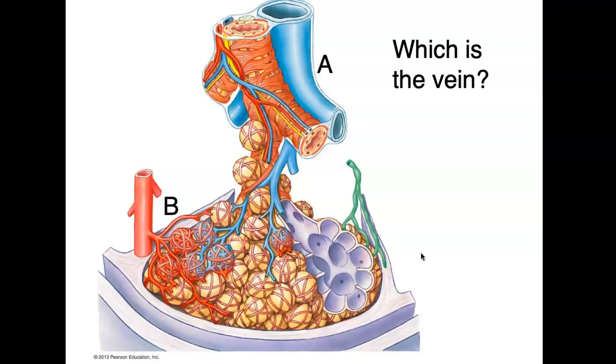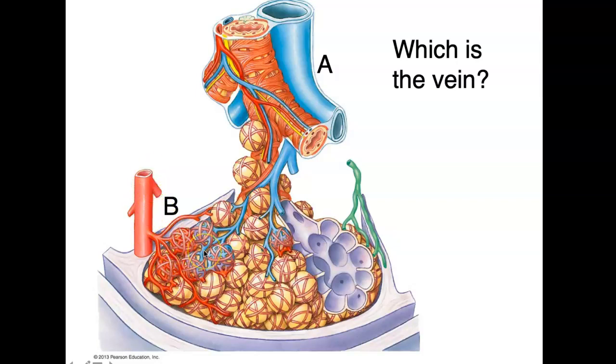So this is a diagram of that, and you have blood that's coming in that's deoxygenated and becoming oxygenated. So it's going from blue to red and then exiting.